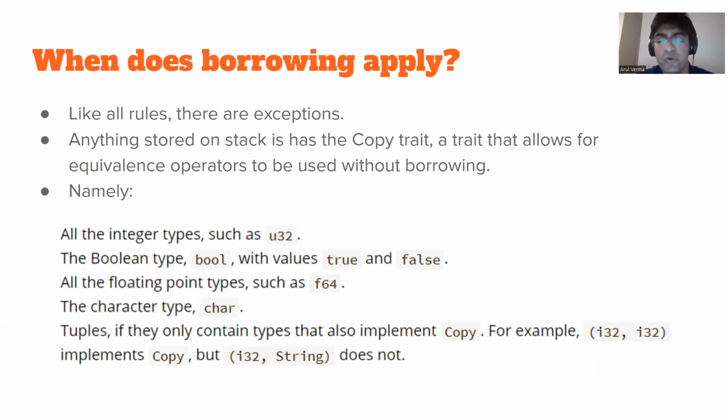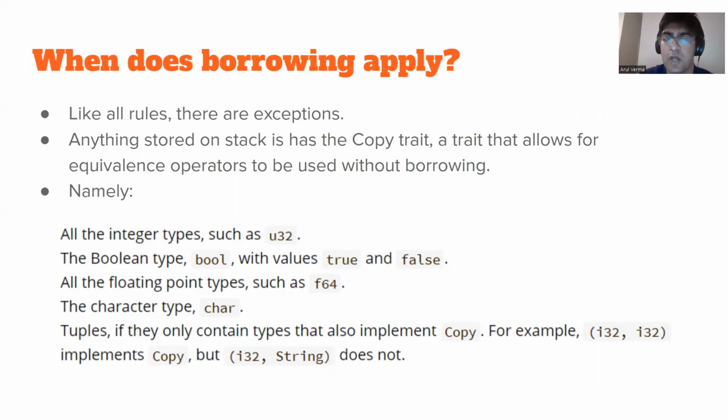So think about how primitives work. Primitives like our booleans, floats, characters, or integers, we can set equal to each other, right? If we say let x equal 3 and let y equal x, and then we add 1 to x, y will not change. This is because of the concept of a copy trait.